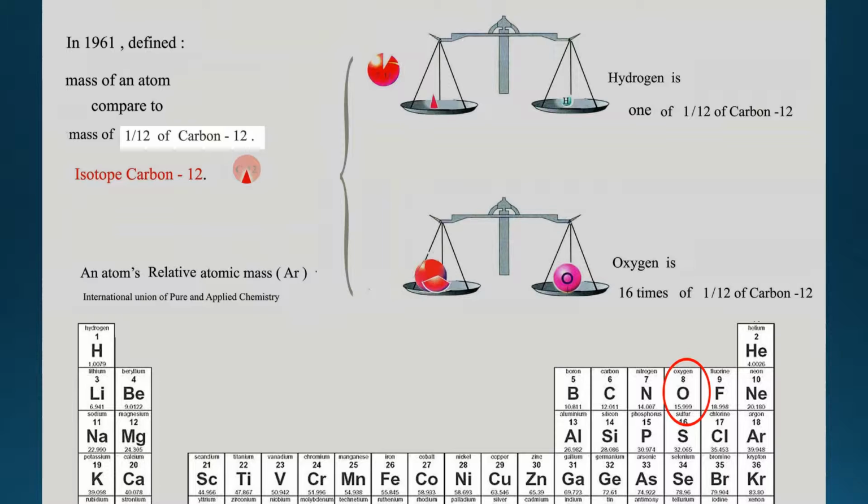So you can say that is quite tongue-tiring, but that's how they set it up. You can say 1/12 of a carbon-12 looks very much like a slice of cake from a carbon, and it is very much equivalent to hydrogen by weight.